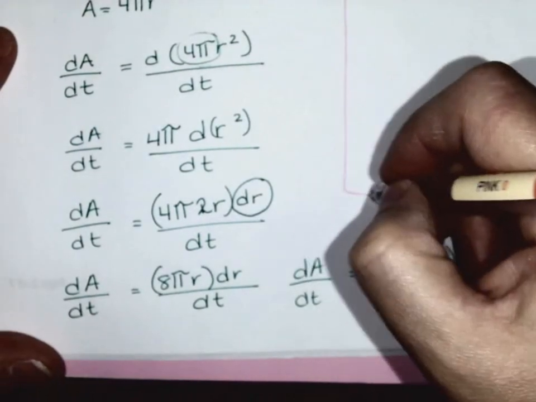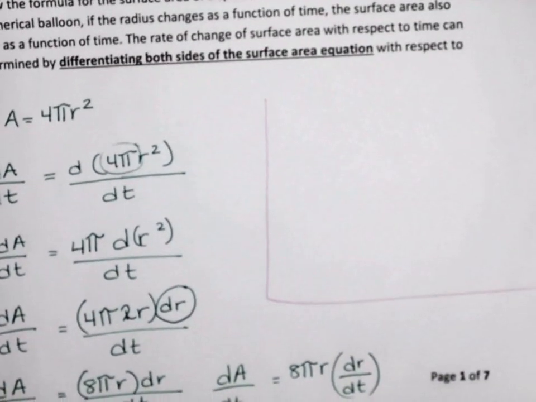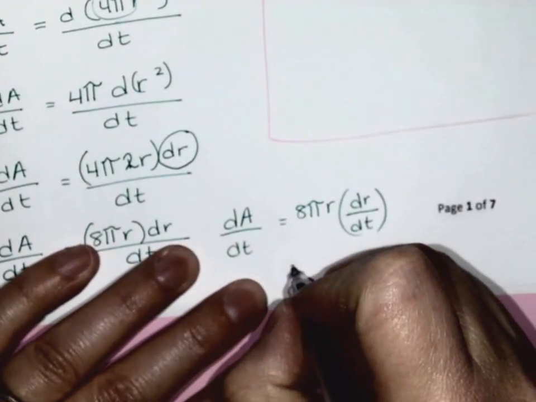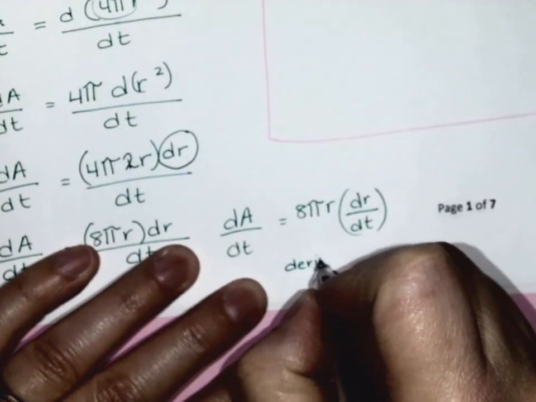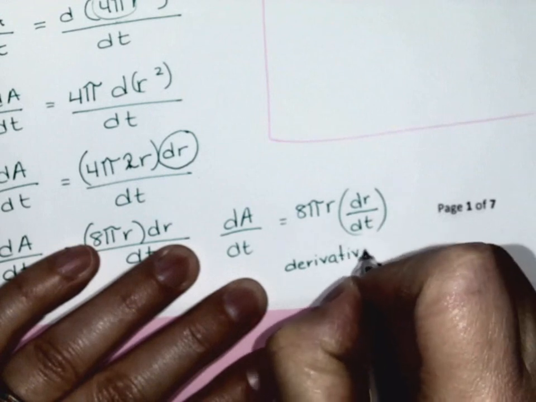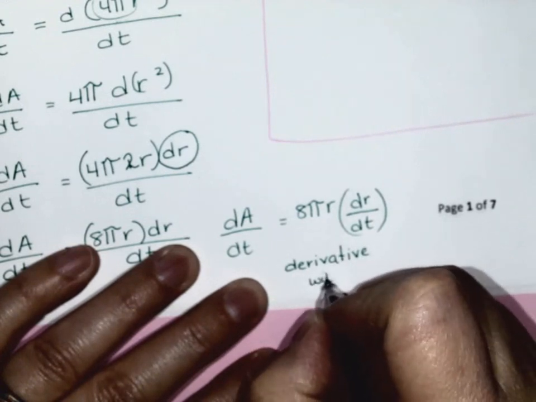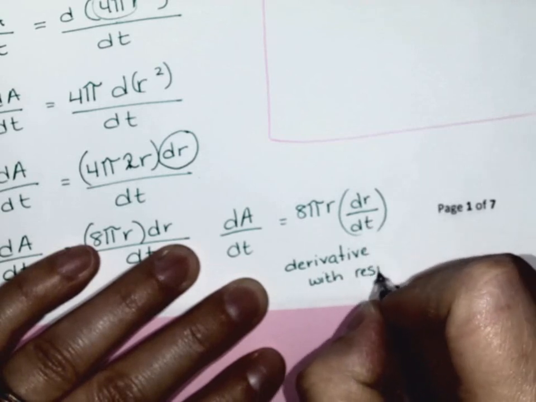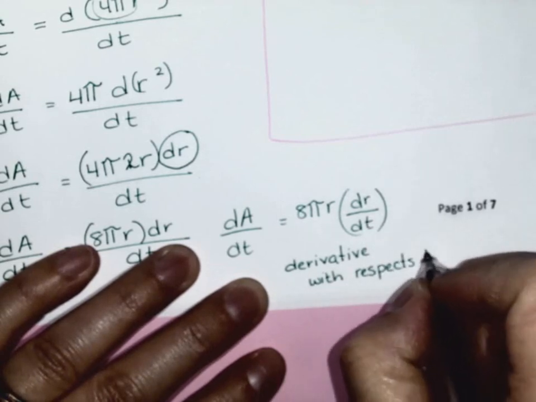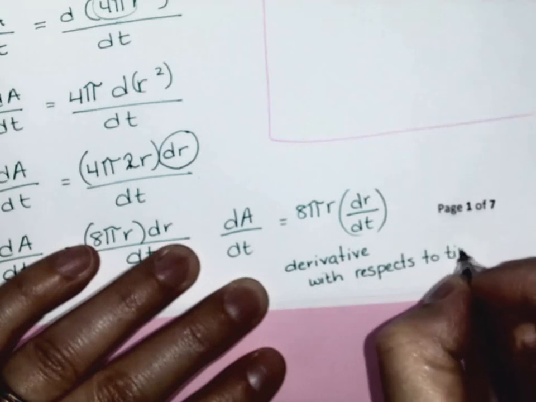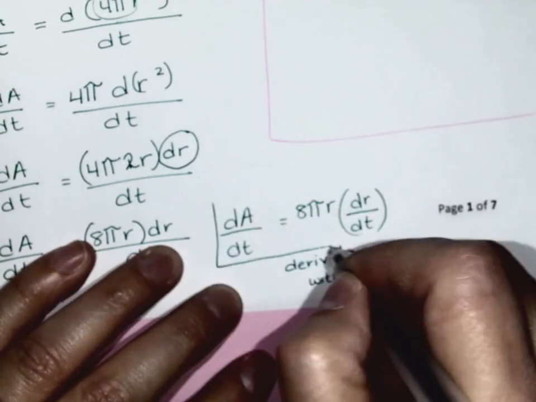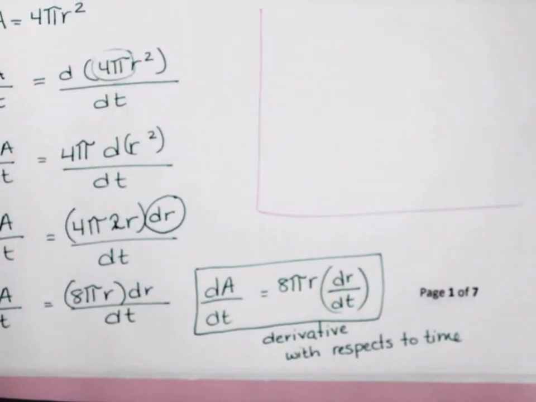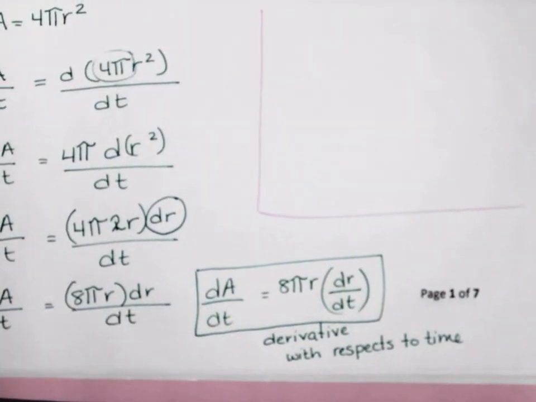Now, if we were differentiating with respect to radius, so let me write this. It would have been so much easier, and this is kind of what we've worked on so far.